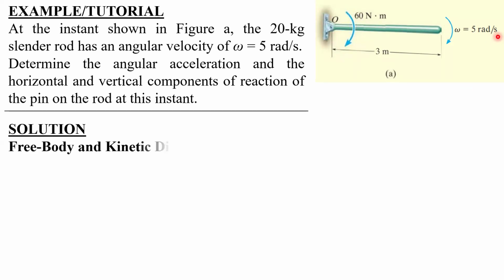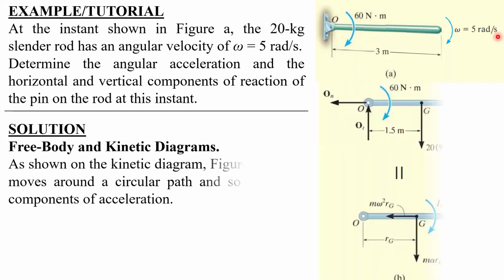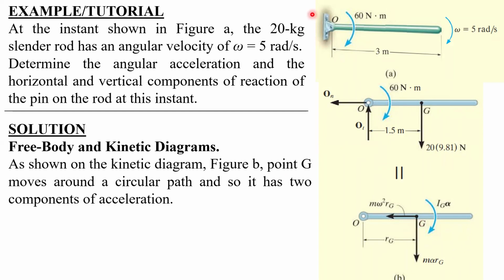Solution. Let's look at the free body and the kinetic diagram that we'll be discussing. This is the free body diagram, and this is the kinetic diagram. At point O, we have two reactions. Because the object is in circular motion, we will have the tangential acceleration and tangential force.